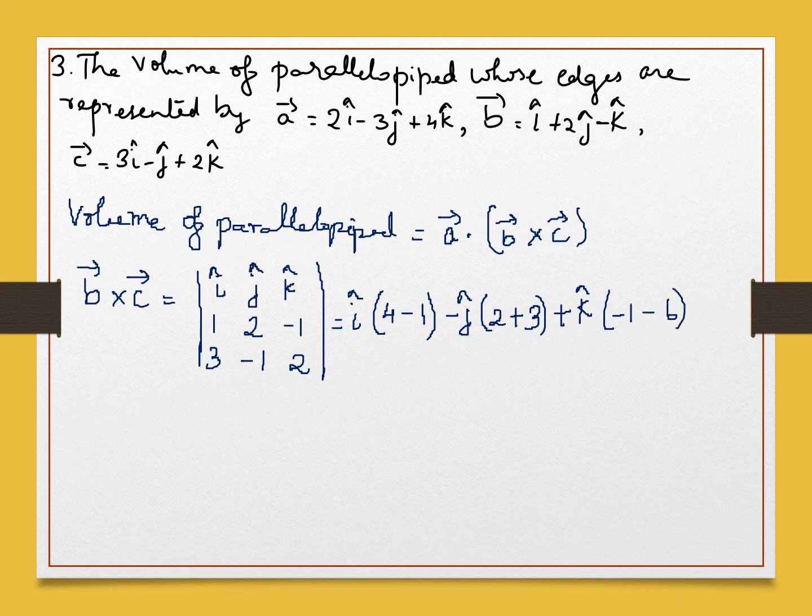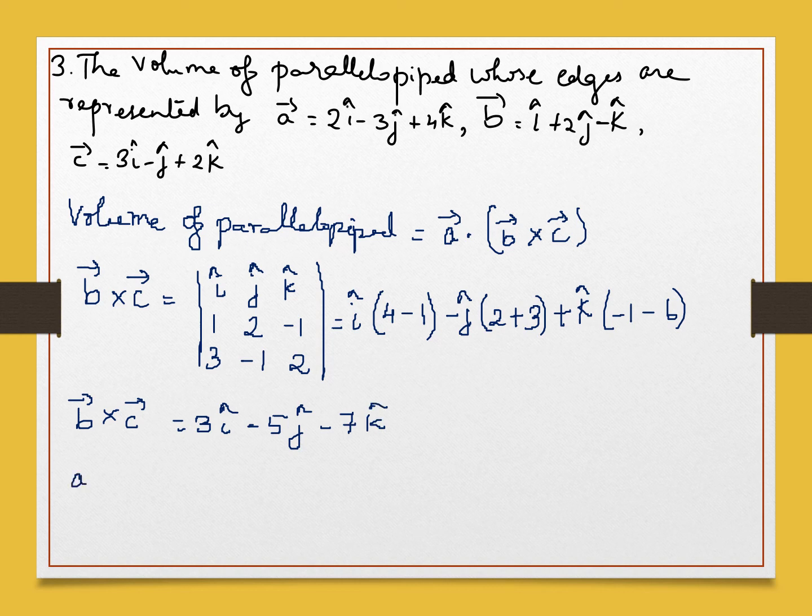So the answer for B cross C vector will be 4 minus 1, 3i cap, minus 3 plus 2, 5, j cap, minus 6 minus 1, 7, k cap.